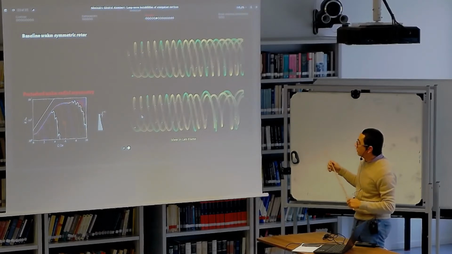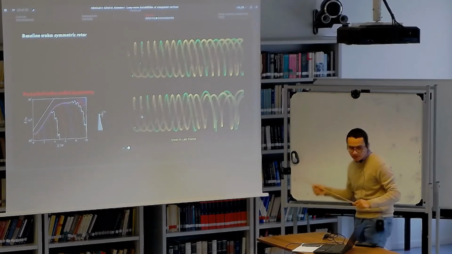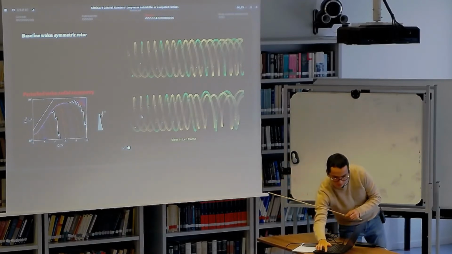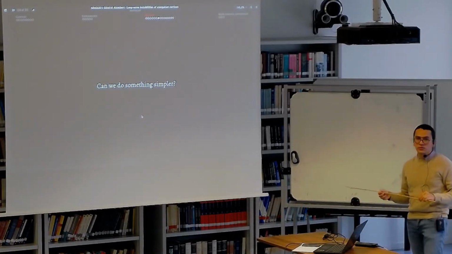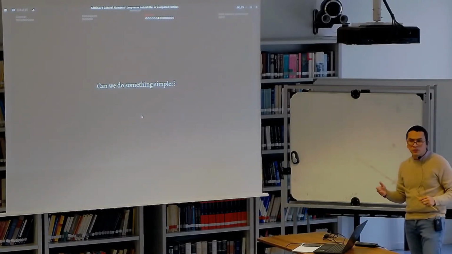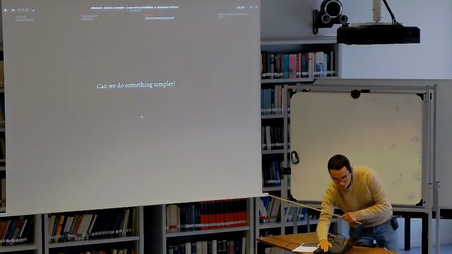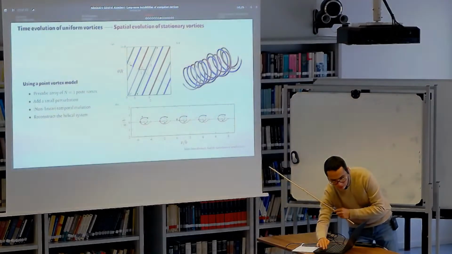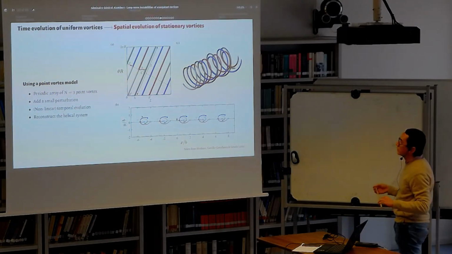Okay, so we are kind of happy with this, but then, well, we had the question, can we do something simpler? So the idea is we're going to remove some of the elements and reduce it to the really basic elements.